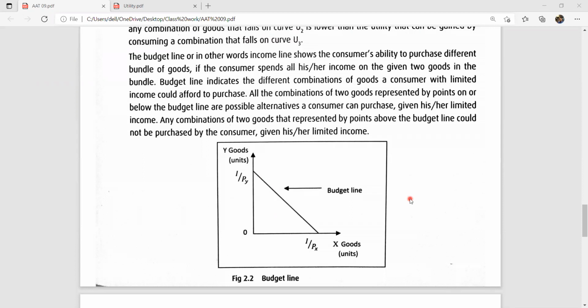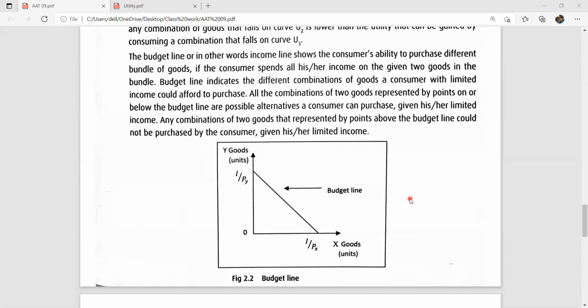Earlier, I told you that the indifference curve represents similar satisfaction when you purchase two goods. So right now, the consumer has a particular income. Based on the price of each good, consumers spend money to buy such a combination. Then equilibrium can be seen. So the budget line, in other words the income line, shows the consumer's ability to purchase different bundles of goods.